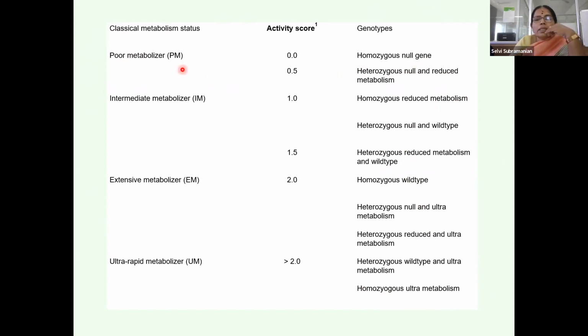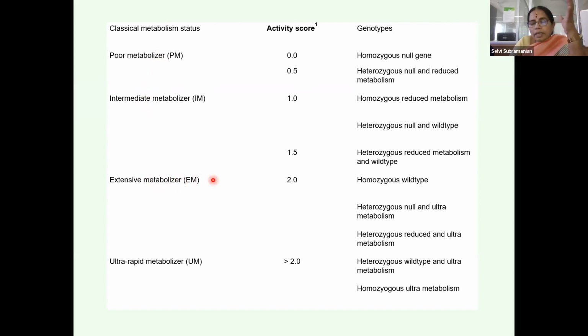Depending on that, for a particular drug, a poor metabolizer will sometimes not respond to the drug, because it cannot be metabolized. An extensive metabolizer will easily metabolize it, and even before the drug is available to the organ for its corrective action, it will be excreted outside.